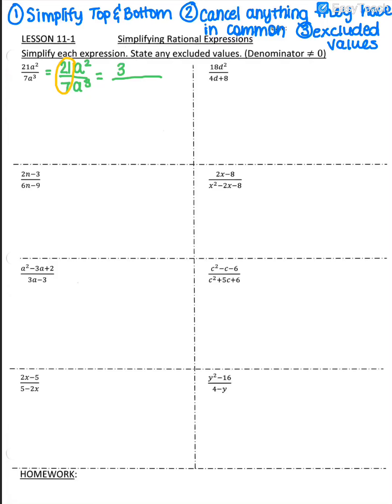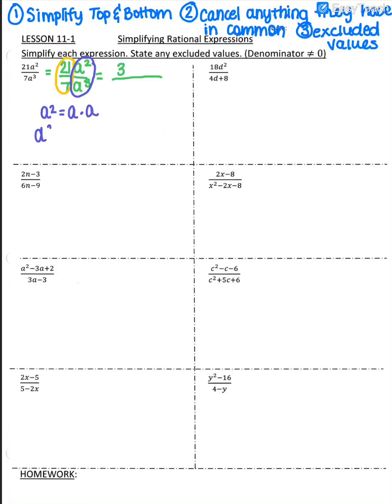Now, the second thing that we're going to do is we're going to look at the a's. So we have an a squared and an a cubed. We're going to think about the GCF. What do they have in common? Well, they both have at least 2 a's in them. Because remember, if we talk about a squared, that's a times a.